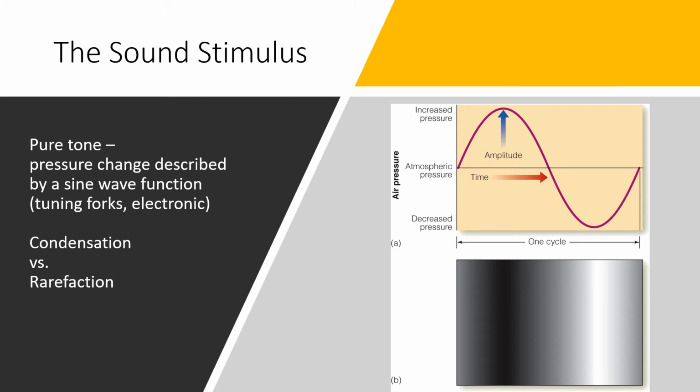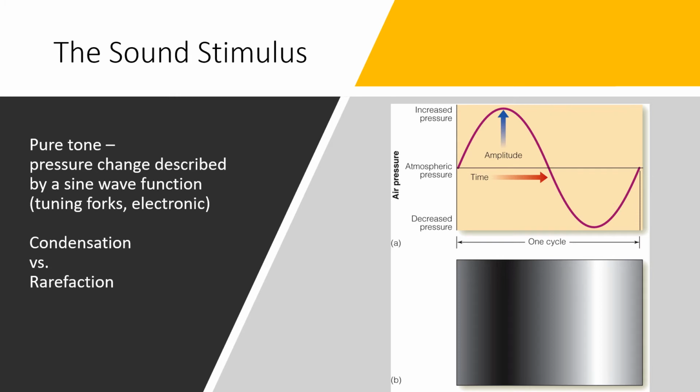But if you imagine what's coming out of my mouth right now, that sound stimulus is much more complicated. Add to it the changes in pitch that a singer is going to be making as they're singing, and then adding all the musical instruments, it's going to get more and more complicated. But I'm going to stick with this pure tone to start with.